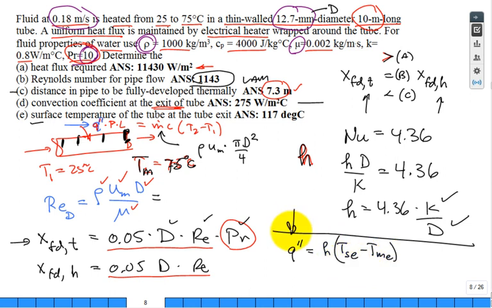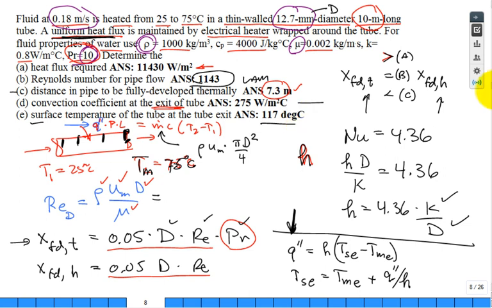Because this is constant, I don't need to emphasize that it's an exit. It's a uniform heat flux. So the temperature of the surface at the exit is the mean bulk fluid temperature at the exit plus Q double prime divided by H. Make sense how to get 117?